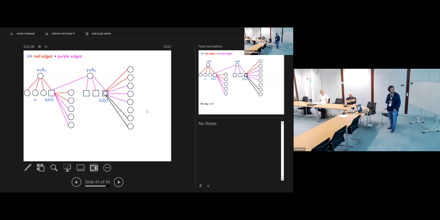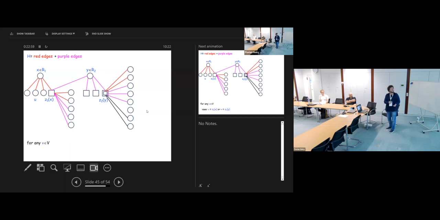And this cluster contains special vertices from level 1. And you can define, as before, a special vertex of these special vertices, the super special guy Z sub 2.